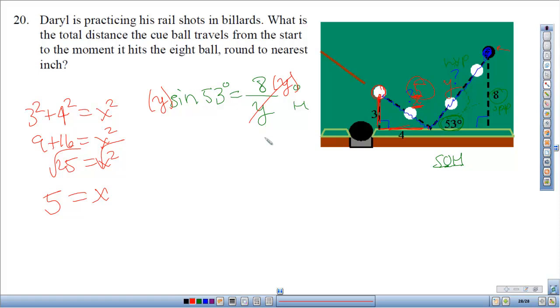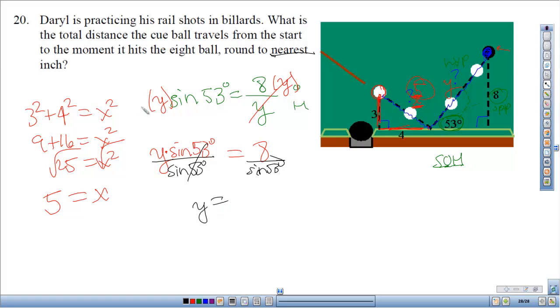Those y's cancel. So now I have 8 on this side, and over here I have y times the sine of a 53-degree angle. And that's being multiplied, so if I want the y by itself, I'm going to undo that multiplying by dividing. So I'm going to divide by the sine of a 53-degree angle. Those cancel, and y equals, and let's calculate it out.